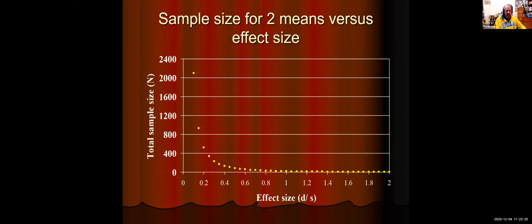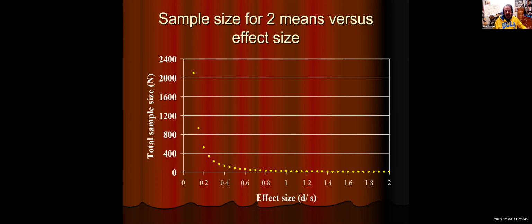Now, this is an illustration, just from looking at some calculations, that you can see the sample size dramatically increases. You can see it's exponential, depending on how big of a difference you're looking at. What we're defining here on the horizontal axis for this graph is what we call the effect size.